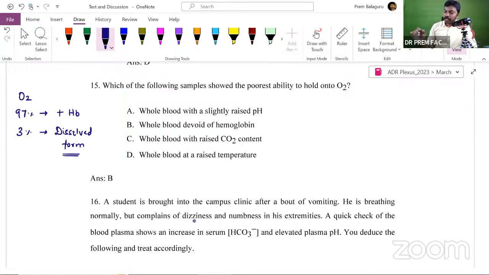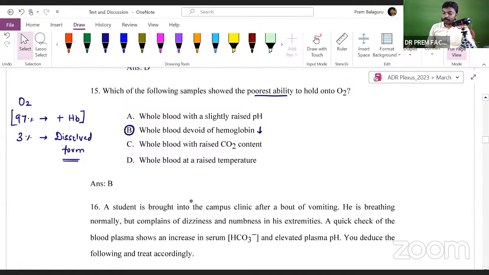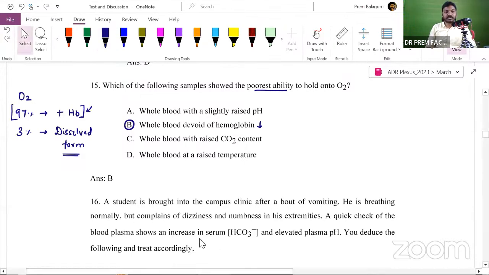So whenever there is an absence of hemoglobin, it's going to significantly affect oxygenation of blood, and hence option B is the right answer. We just discussed that 97% of oxygen combines with hemoglobin, so obviously it is going to be option B.